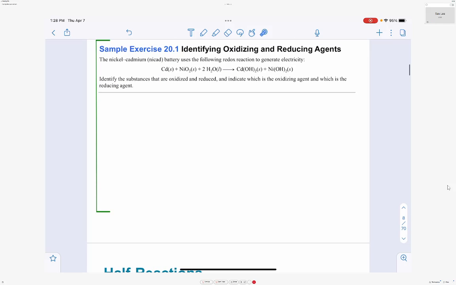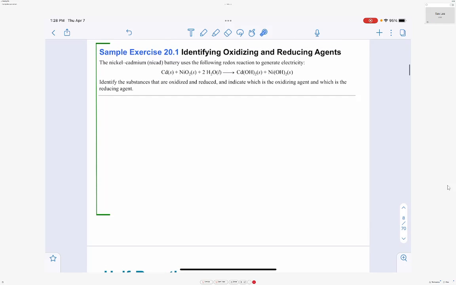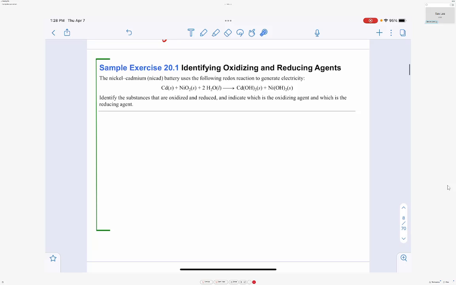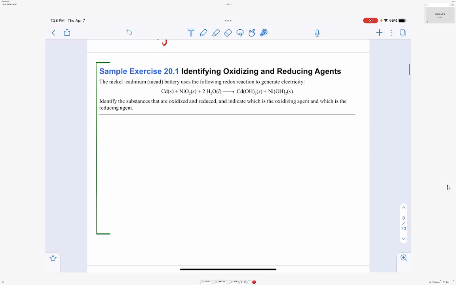Let's try a sample exercise. Identify substances that are oxidized and reduced, and indicate which is the oxidizing agent and which is the reducing agent.